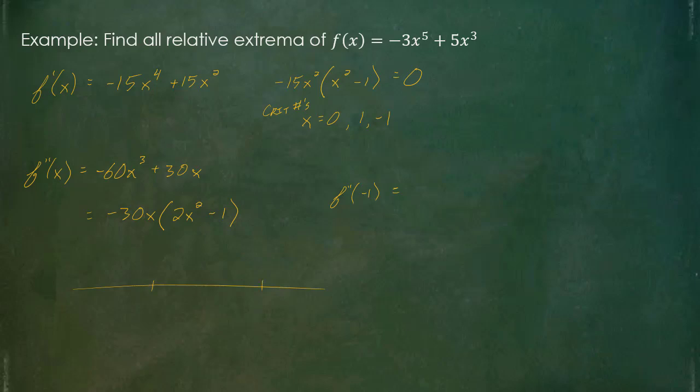If I were to think in terms of the places where that equals 0, 0 would be one of them, and then if I set this equal to 0, I'd add 1, divide by 2, and then take the square root, so that would turn into a negative square root 2 over 2, a 0, and a positive square root 2 over 2 as my zeros of this.